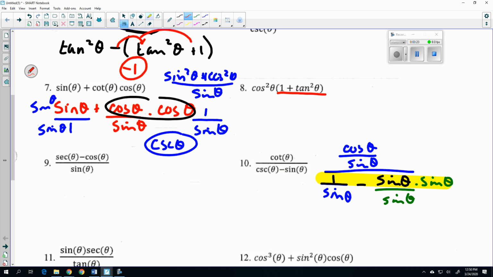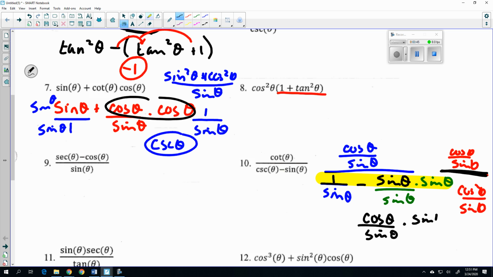So this denominator turns into cosine squared theta over sine theta, and then the numerator is cosine theta over sine theta. So when you multiply by the reciprocal, that's what division of fractions means. You keep your first fraction. Division means you multiply by the reciprocal. And if you take a look, wow, look what happens. It turns into 1. So that's essentially what you're doing on all of these pages.